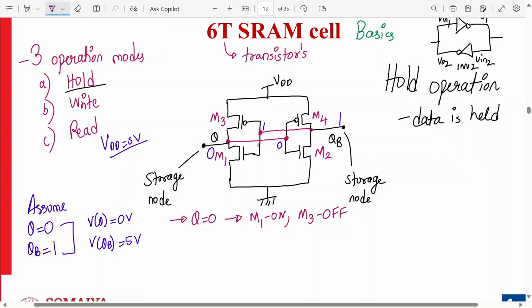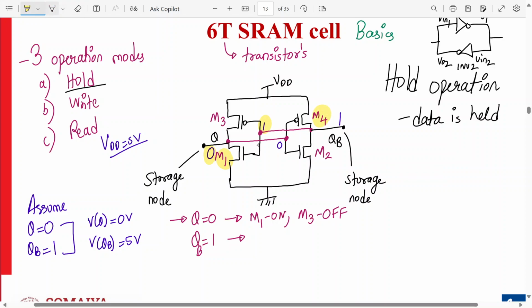Let's consider this. This is 1, right? This is logic 1. So if this is 1, M3 will be off and M1 will be on. Do you agree? Yes or no? So in this case, if there is a 0 over here, M1 will be on, M3 will be off. Agree? And similarly over here, if QB is 1, which transistor will be on? If this is 0 now, so M4 will be on, right?